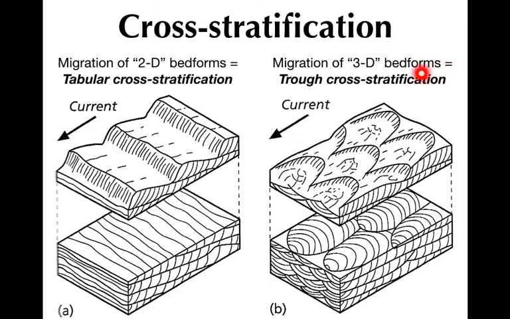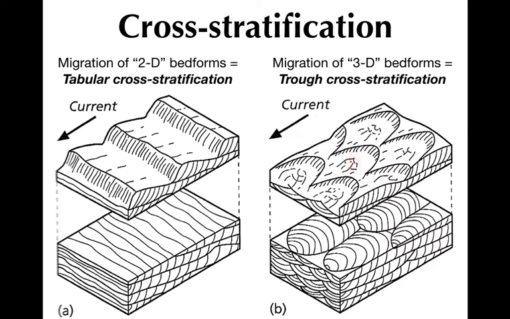3D bedforms are bedforms that do have curvature. So these are a type of dune called a lunate dune, where sediment is deposited in a scoop-shaped depression on the upstream side, and all the sediment is deposited on this surface, and then downstream of that surface you erode out a little pit.